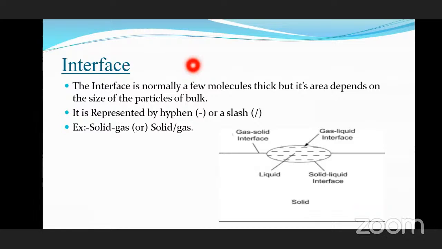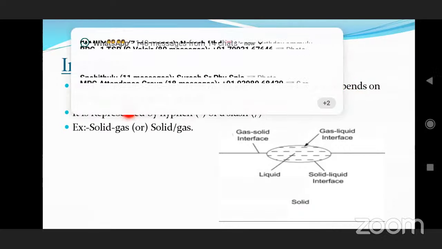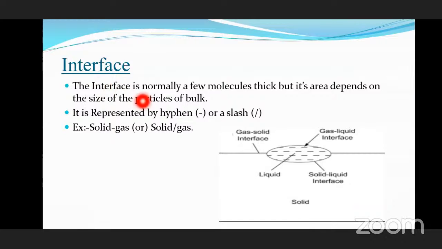The interface is normally a few molecules thick, but its area depends on the size of the particles of the bulk. If any two substances are in contact with each other, that contact region is called the interface. The word interface comes from interaction.